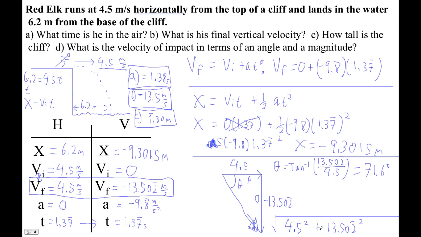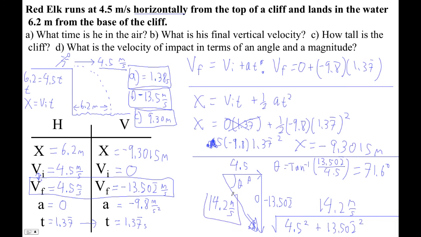It interprets them interestingly. 4.5 squared plus 13.502222222 squared. I get 14.23. So this hypotenuse is 14.2 meters per second. So the speed of this thing, or the magnitude of the velocity vector, is 14.2 meters per second.